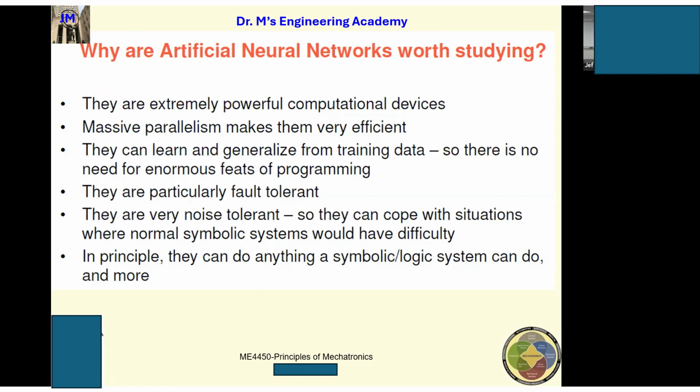Now I don't know whether you have heard this one or not. For computation, we have two categories. One is hard computation, one is called soft computation. And soft computation, ANN, is one of the soft computations. Okay? Hard computation means linear algebra, calculus, this is hard calculation.